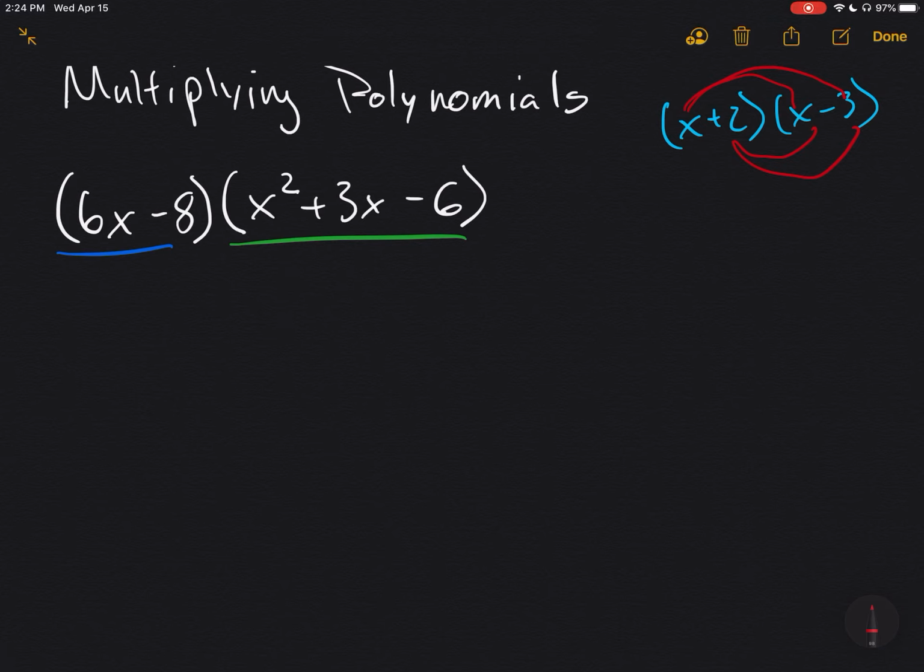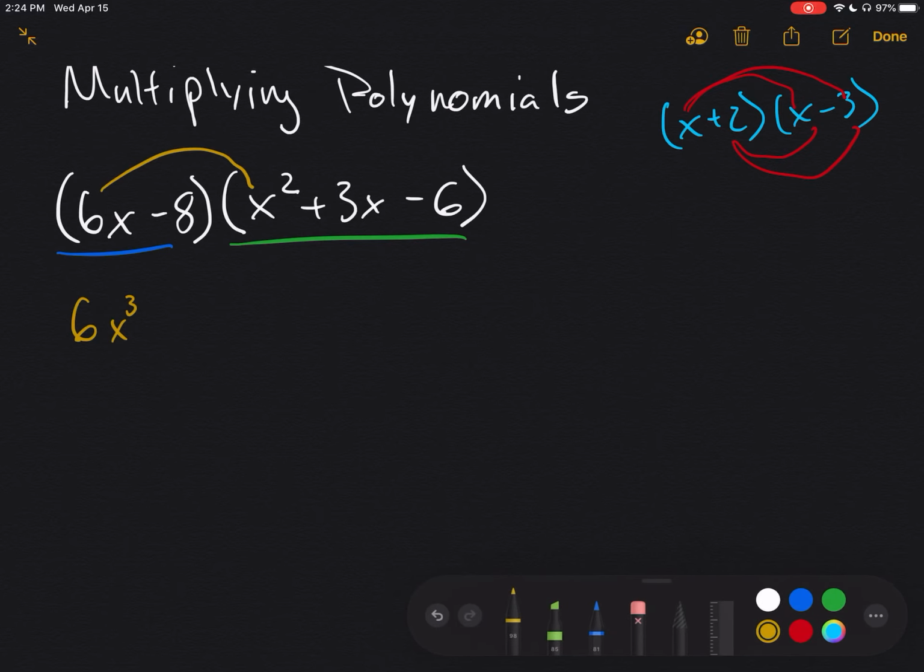So first thing we want to do is start out by multiplying 6x by the x squared. We'll start with our first terms. So 6x times x squared, the coefficients multiply, so 6 times 1 gives us 6, and x times x squared, those powers add, which will give us x cubed.